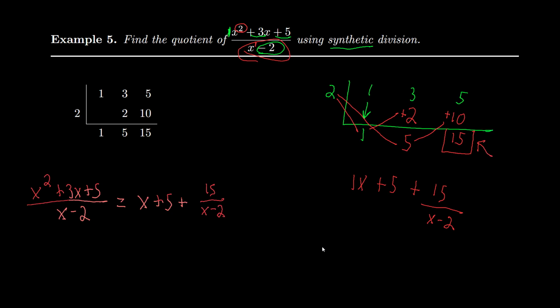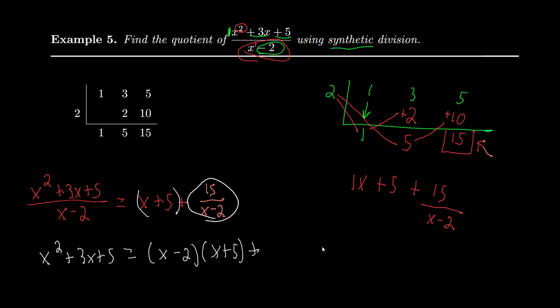Or, if you just want to multiply both sides of this by x minus 2, think about it. Multiply both sides by x minus 2. It'll cancel over here on the left, and you'll get this. And then on the right, I'm going to multiply x plus 5 times x minus 2, like this, plus, and then when you multiply the remainder term by the x minus 2, all that's left is the 15.